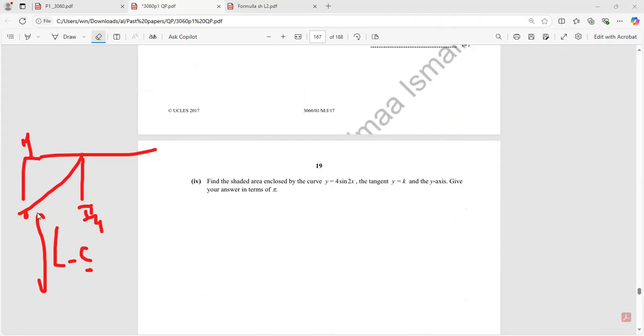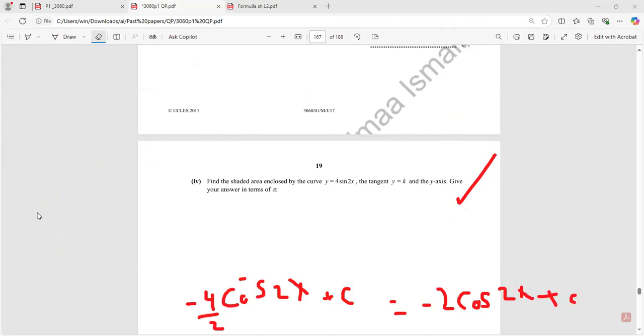So let's get started. I need the integration. Yes, that is the integration. We're going to write it here because we're going to add the line. The line is 4, so we're going to get the integral of 4 minus the curve, 4 sine 2x.